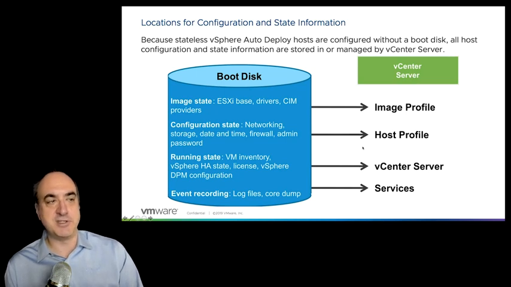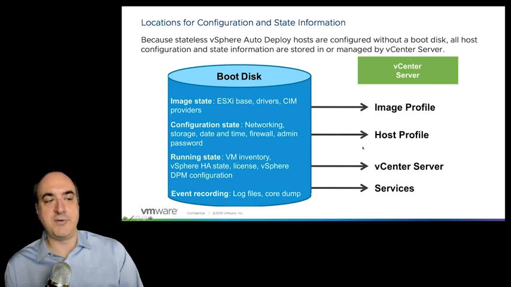So like we just mentioned, the image state, which contains the ESXi base image and the drivers, is an image profile that we used Image Builder to create. The configuration, like networking settings, storage, NTP settings, and all that, is coming from a host profile. The running state, where the ESX server sits in the vSphere inventory, is stored all in vCenter.